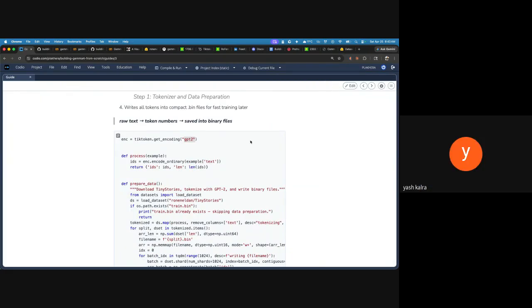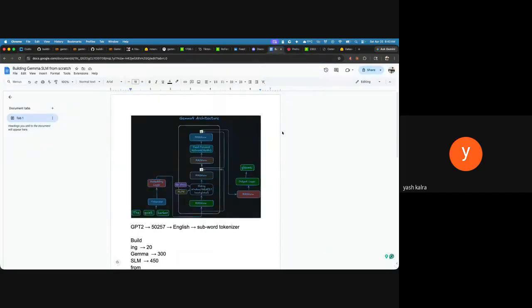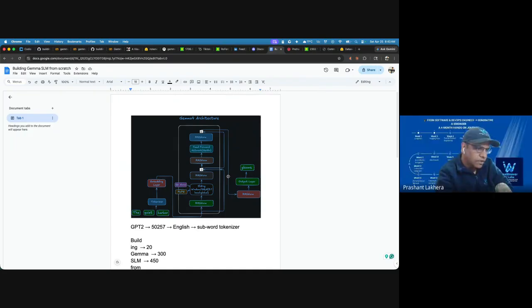My question is, is this a common approach that can be used to build all the models, or is it specific to just these stories, just an example? No, this is going to work for all the models. The only thing is that in this Google Gemma architecture, in the attention mechanism, they have added some more things just to increase the context length.